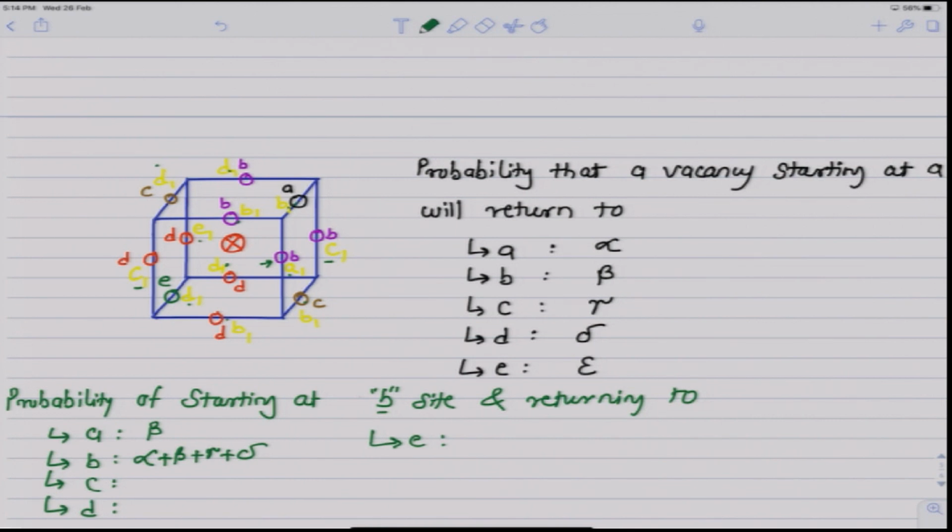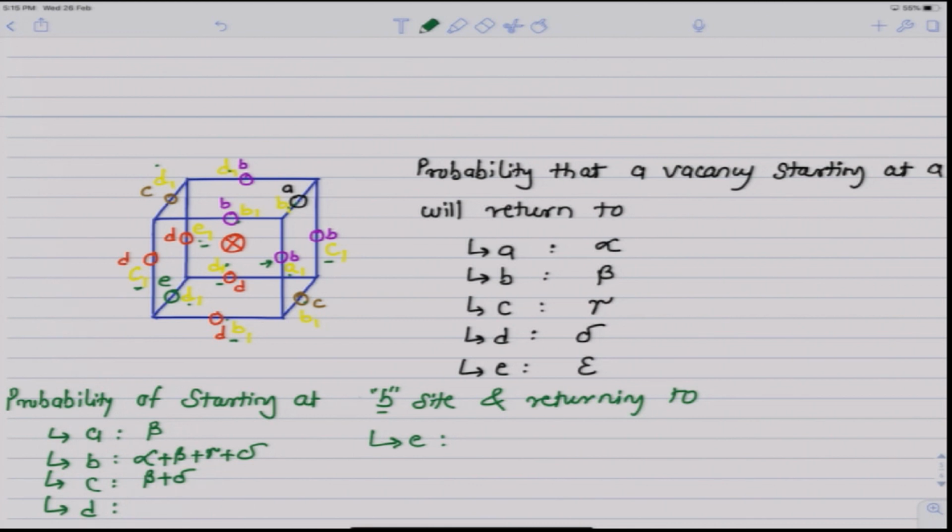Vacancy starting at B and returning to one of the C sites is same as vacancy starting at A1 and returning to either B1 and D1. So, which is beta plus delta. And vacancy starting at B site and returning to one of the D sites is same as vacancy starting at A1 and returning to either B1 type, C1 type, D1 type or E1 type.